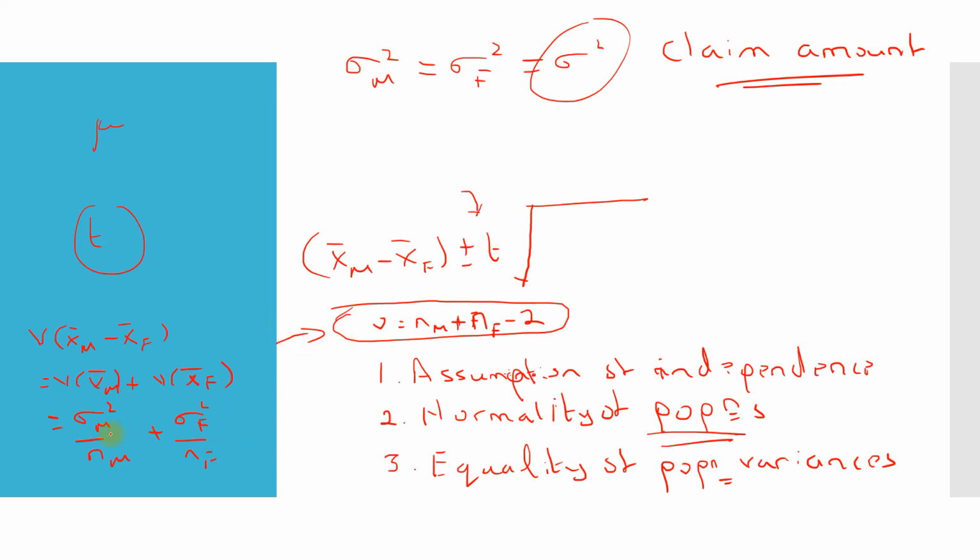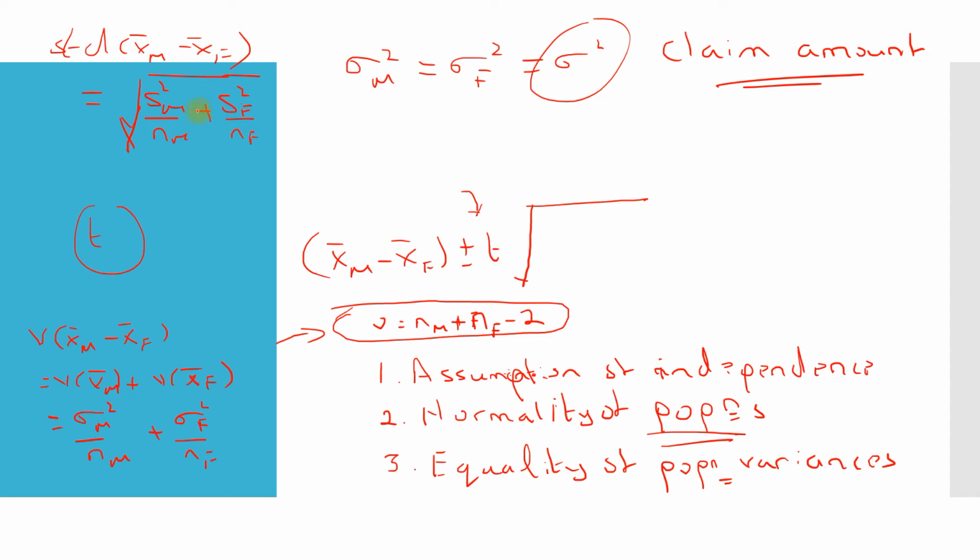But now we have to be careful. We also understood that we are not going to be able to use this sigma squared m over n m. So in the end, when we were working with the standard deviation of x bar m minus x bar f, we came to the conclusion that we are going to use s squared m over n m plus s squared f over n f. This is what we concluded before, because sigma squared is unknown.